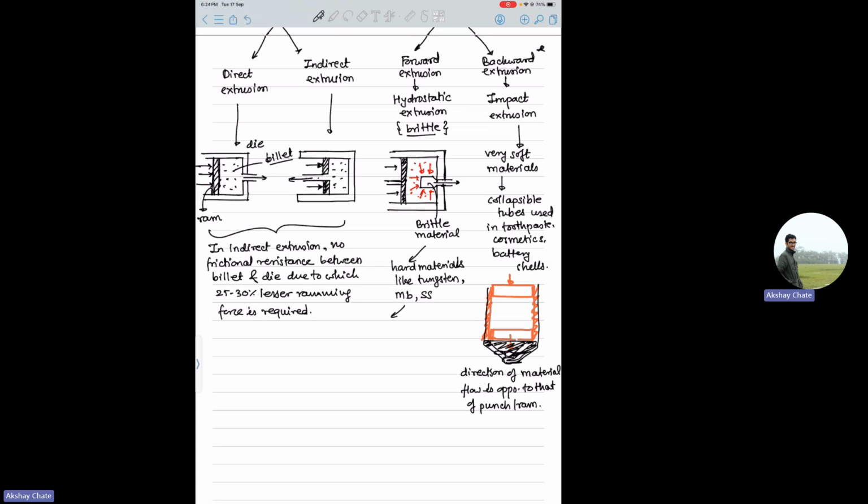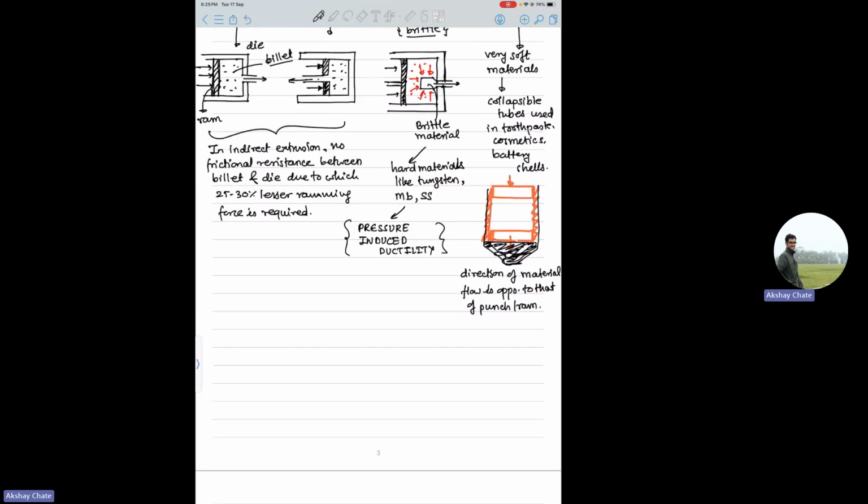This phenomenon, in which you make a brittle material behave as a ductile material and extrude it, is also called pressure-induced ductility. In some competitive exams, they may use these keywords to match with hydrostatic extrusion or forward cold extrusion.